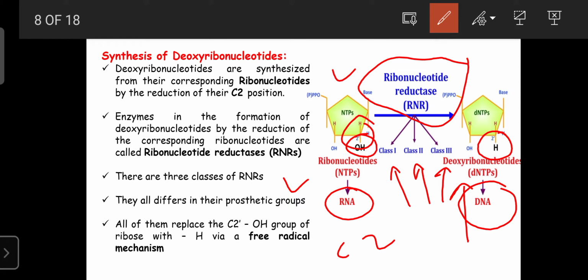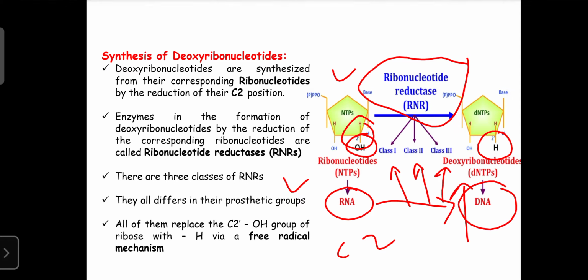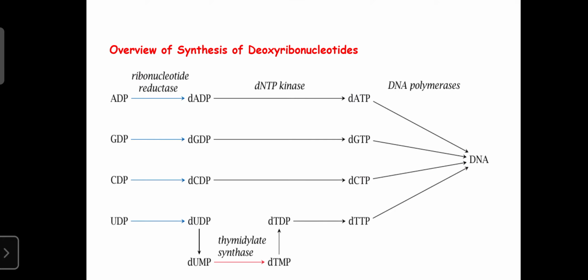Then the ribonucleotide becomes the deoxyribonucleotide. So that deoxyribonucleotide is involved in the formation of the base pair in the DNA. Okay, so that is the overview regarding the synthesis of the deoxyribonucleotides from the ribonucleotides.